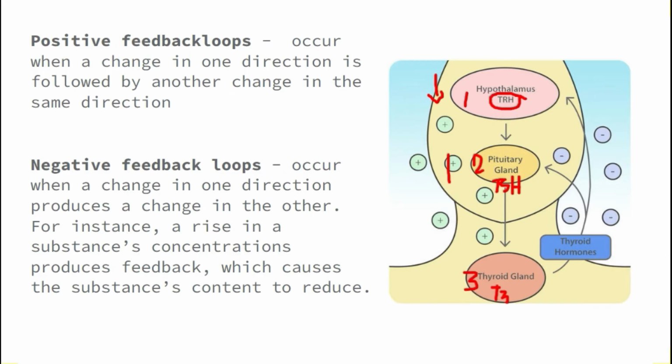But how about a negative feedback loop? So this can occur when a change in one direction produces a change in the other or opposites naman. So for instance, a rise in a substance concentration produces a negative feedback which causes the substance content to reduce.